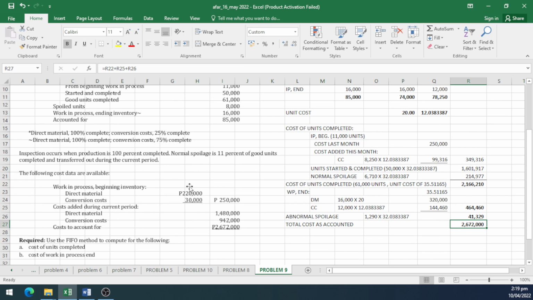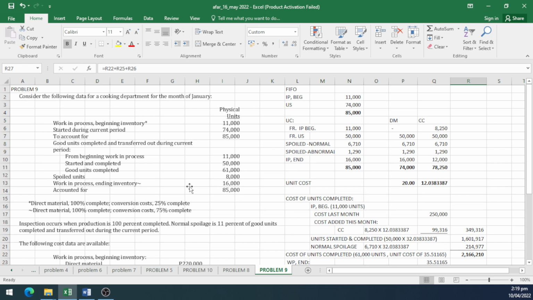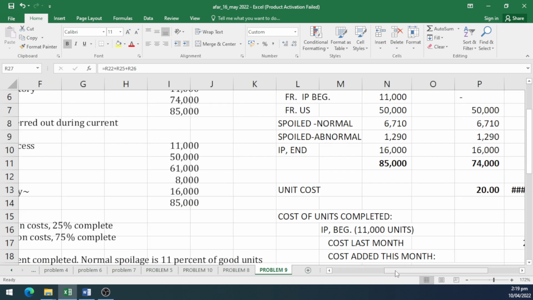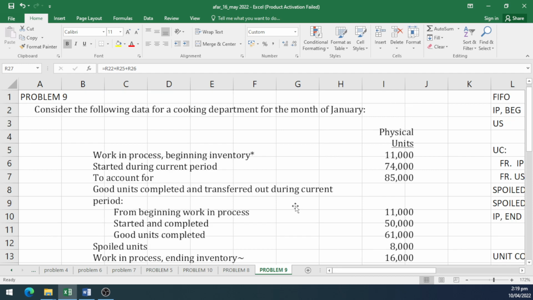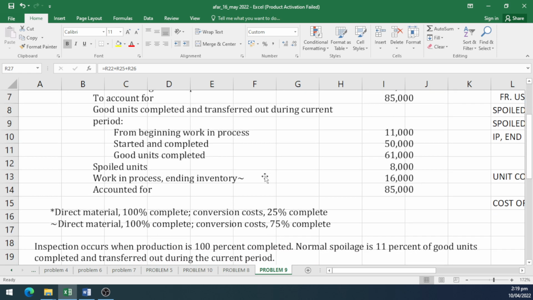Next, problem number 9. 5-4. Problem number 9, to illustrate spoilage, and then 5-4. Normal spoilage and abnormal, and then detected at the end.